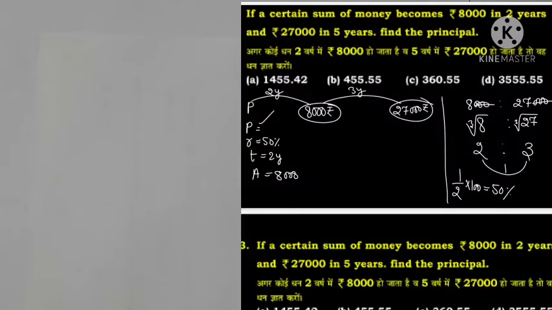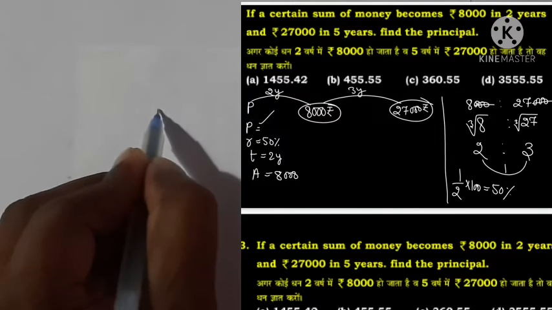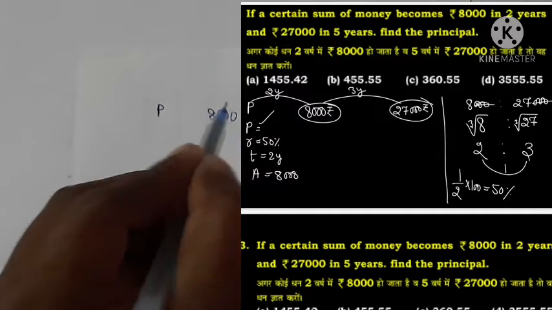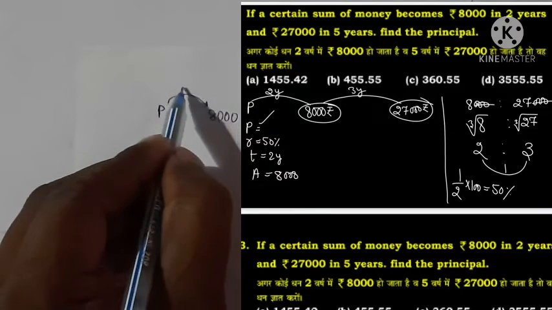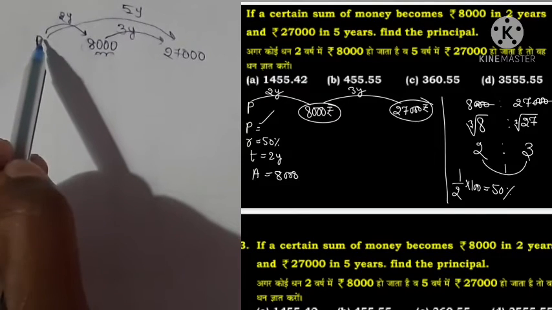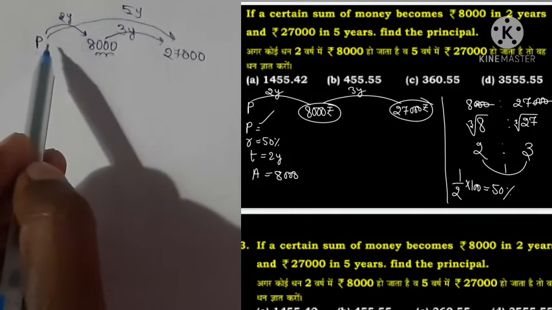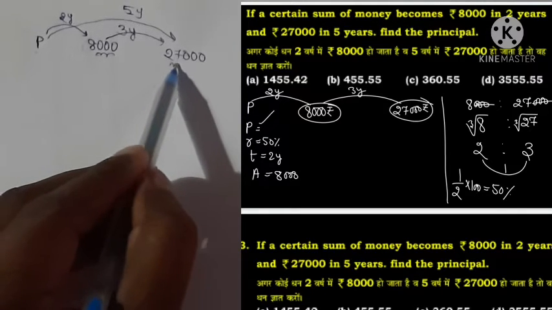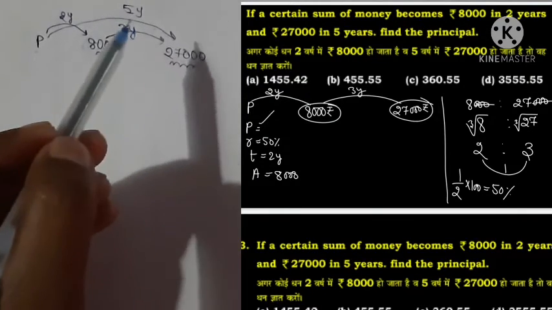If a certain sum of money becomes 8,000 in 2 years and 27,000 in 5 years, then find the principal. So the principal is 8,000 in 2 years. So the principal amounts to 27,000 in 5 years.